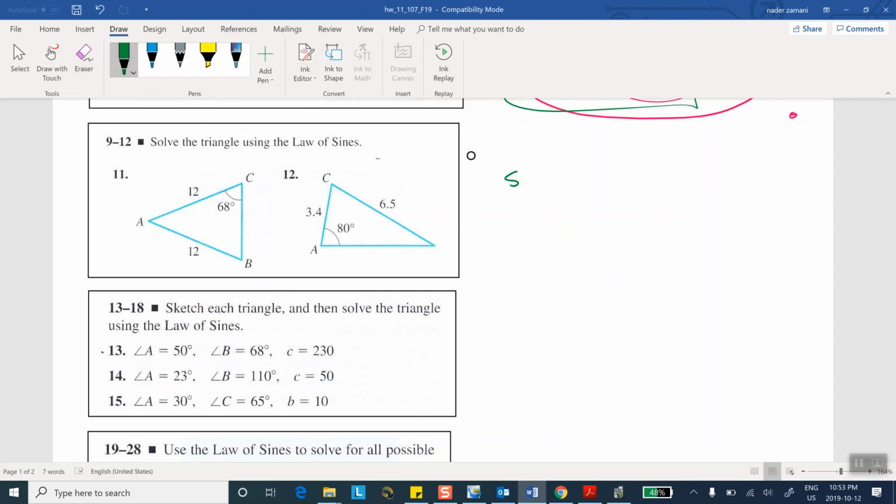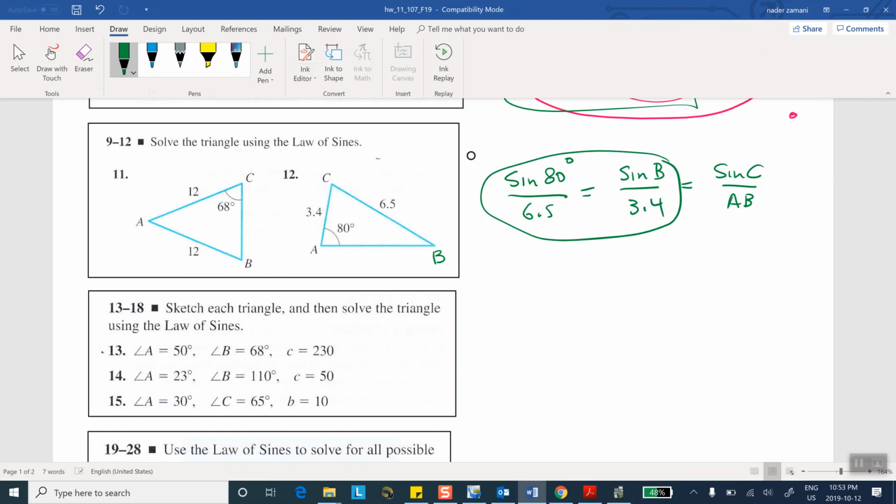So we have sine of 80 degrees divided by the edge that's facing it, 6.5, is equal to sine of B divided by the edge that's facing it, 3.4, and this is equal to also sine of C divided by the edge that's facing it, which is AB. Now, what do we have out of these two?